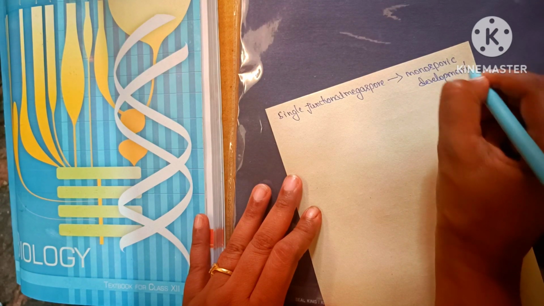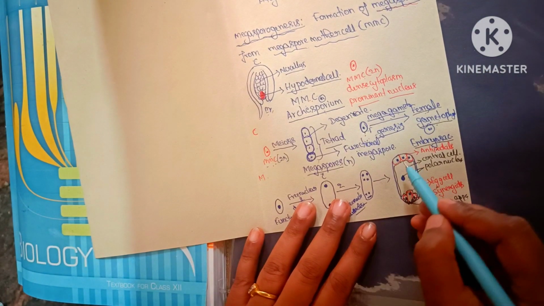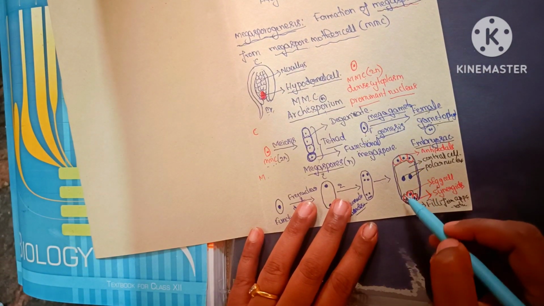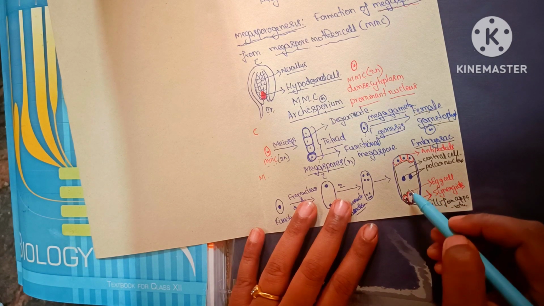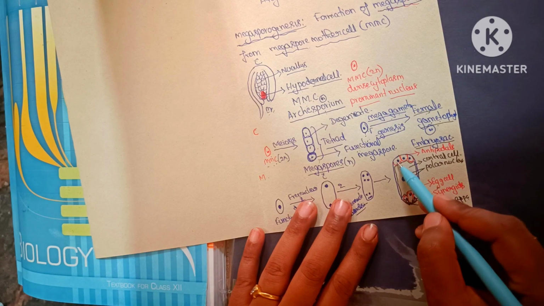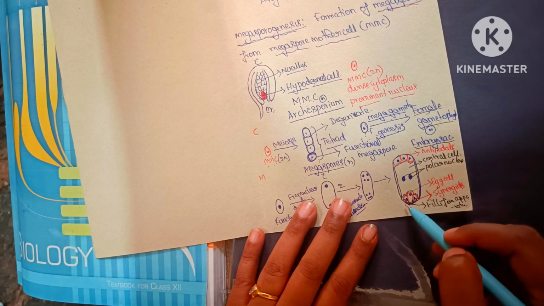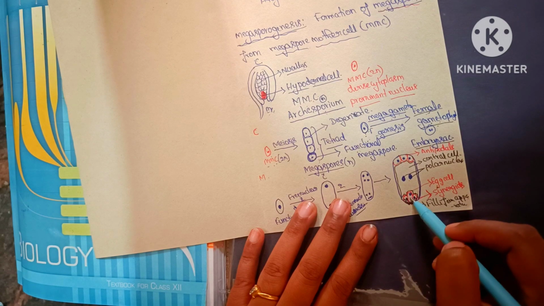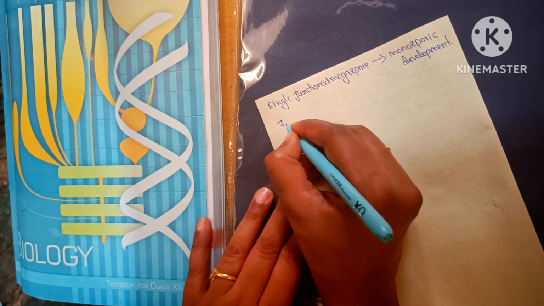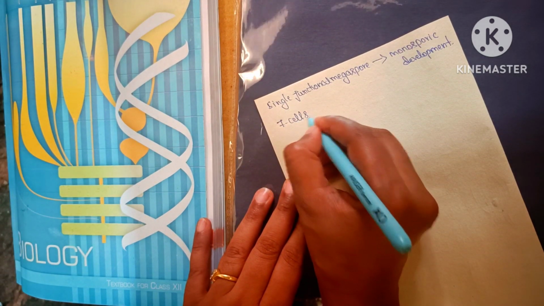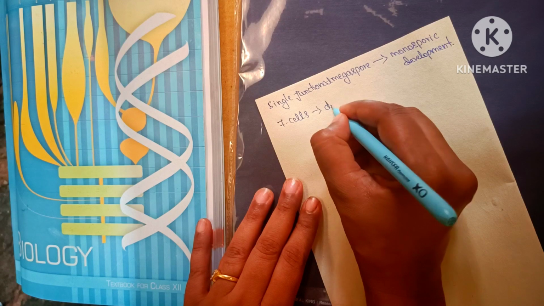And second thing, the structure of embryo sac contains different types and number of cells. Let us count the number of cells in it. It contains 3 antipodals, 2 synergids, 1 egg cell and 1 central cell, which means 7 cells, and all the 7 cells are of different type.